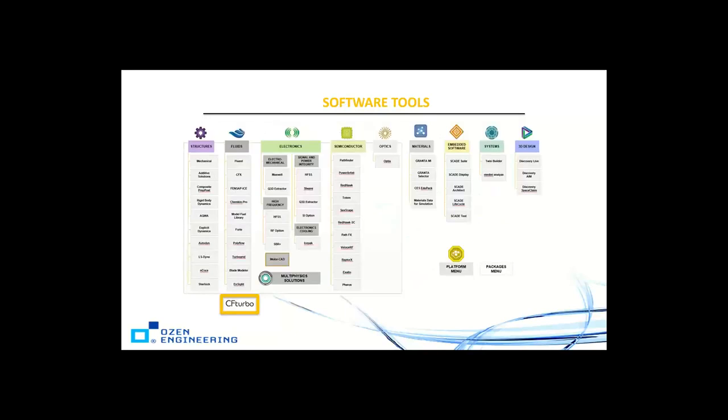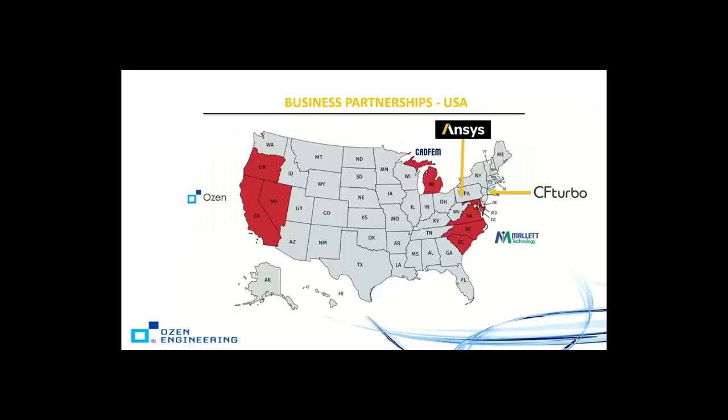Among the software tools, Ansys has structures, fluids, electronics, high frequency, low frequency, optics, materials database, and what we call Twin Builder tools. Those are primary tools. On the West Coast, we cover Oregon, Nevada, and California. On the East Coast, we operate under a different name, Mallet Technology, with offices in Maryland as well as North Carolina.